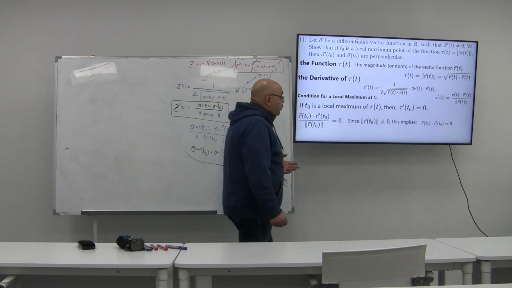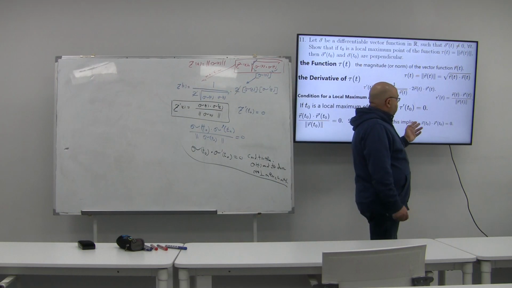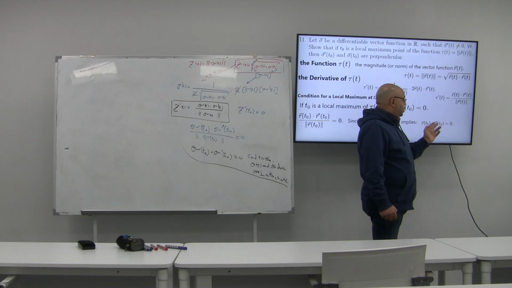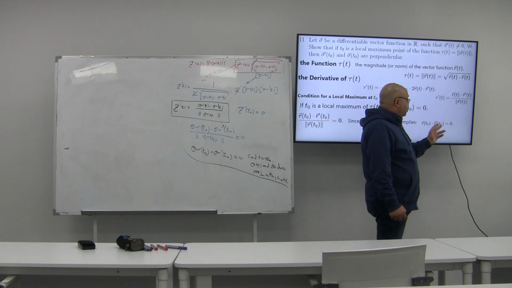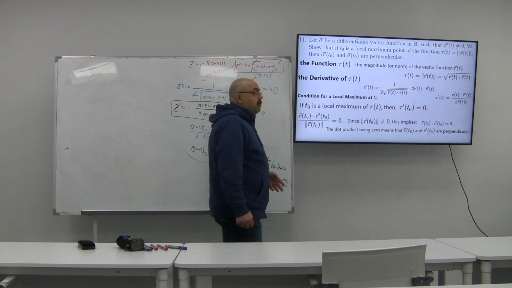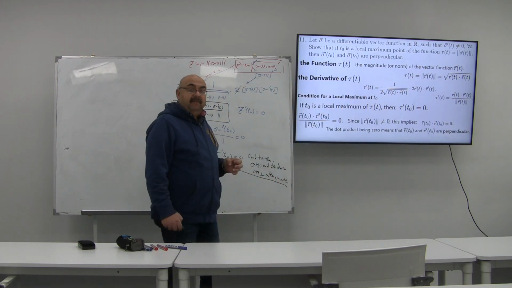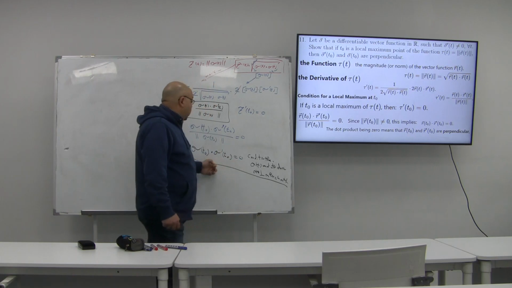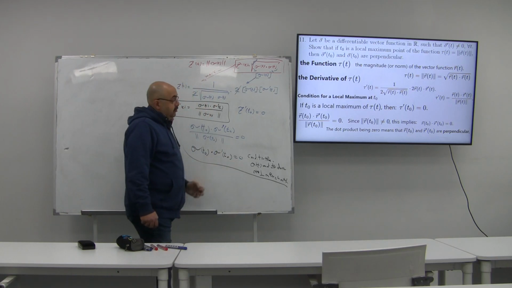So all I have now is to have r t naught times r dash t naught equal to 0, or rho times rho dash equal to 0, which is simply the condition for these two functions to be perpendicular to each other, as we saw.